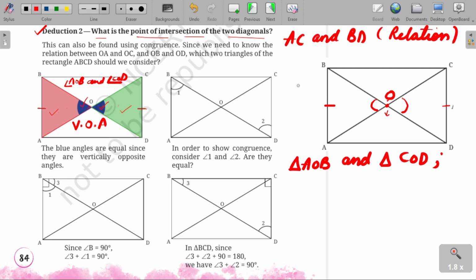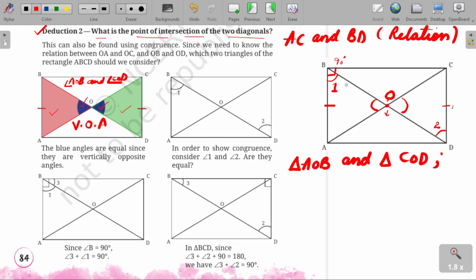Now look at this. We are taking this angle 1. This is angle 1 and this is angle 1. Using some properties of the rectangle, this whole angle is 90 degrees, as you know.